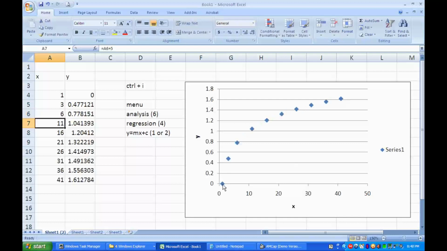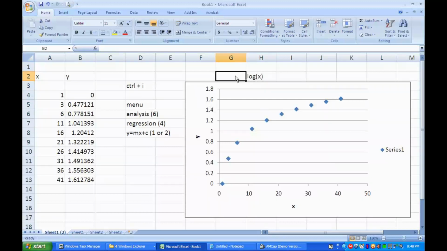So you can see that it starts going up, but then it really flattens out. Here the values are going up really sharply, but here it's much more steady. So if you see a curve like that, you might think log of x.